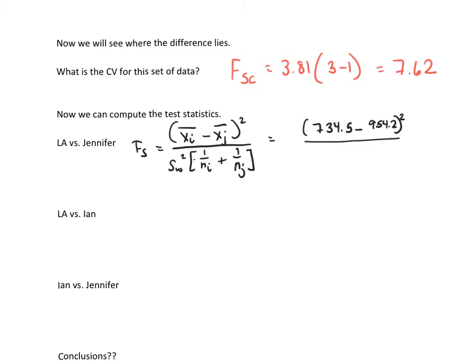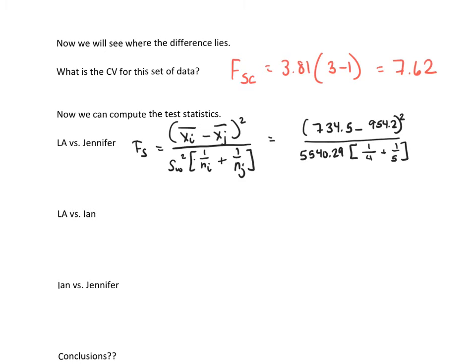Now the within group variance is going to be 5540.29. And remember, that's on the sheet's output as well. It's under within groups. 1 over our sample size for LA, which is 4, plus Jennifer, which is 5.